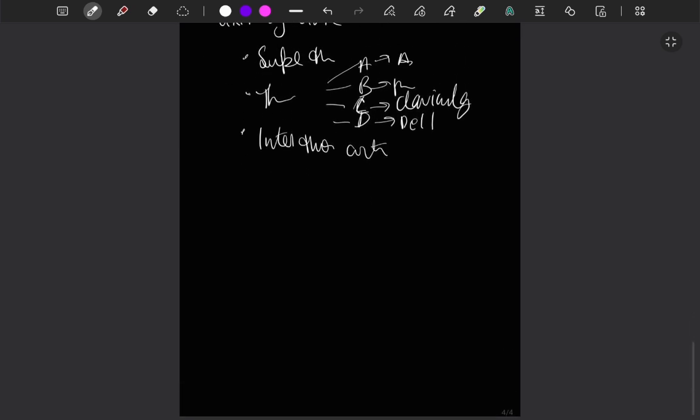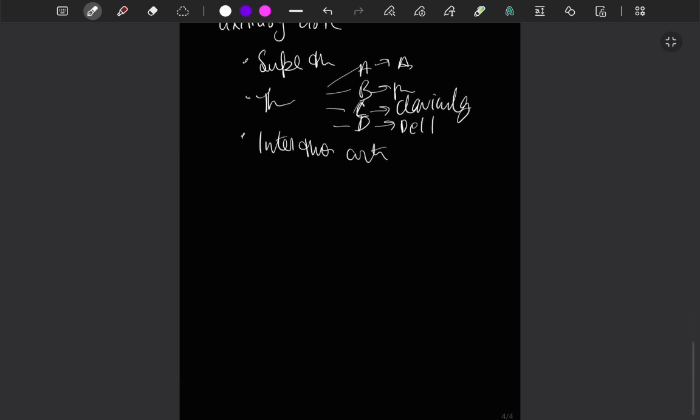This is the arterial supply, and the venous supply is basically the axillary vein.